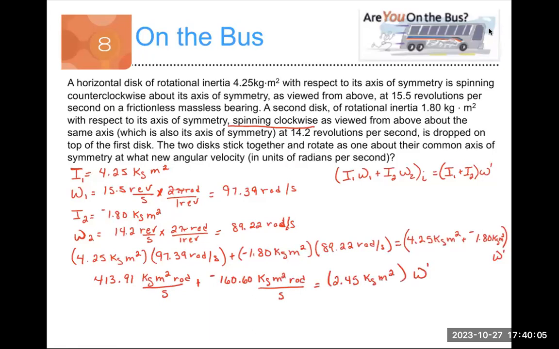Okay, and then all we have to do now is solve for omega prime, and that's going to give us an answer of 103.4 radians per second. So just like we did when we had a collision in the translational sense that stuck together, we can have the same thing in the rotational sense. Okay, that is the end of chapter 8.